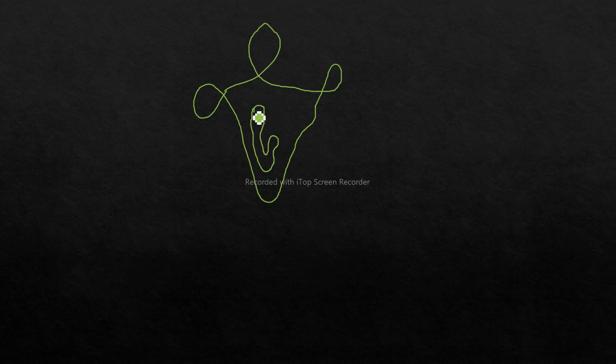This region looks like a hockey stick, and hence it is called the hockey stick region.